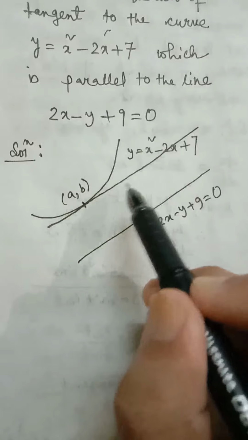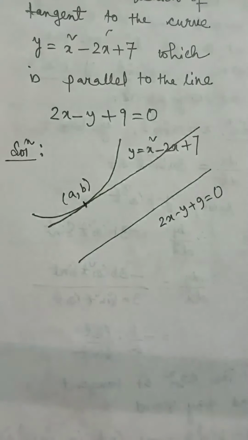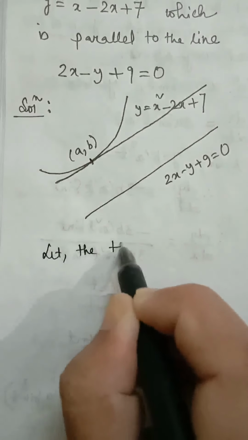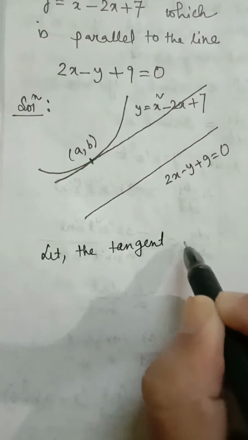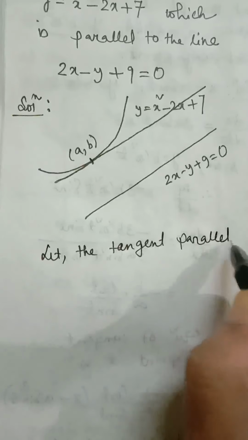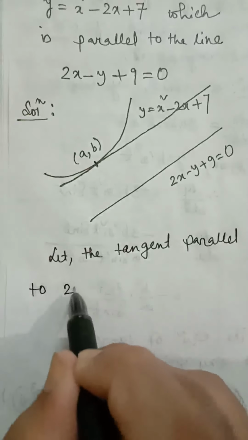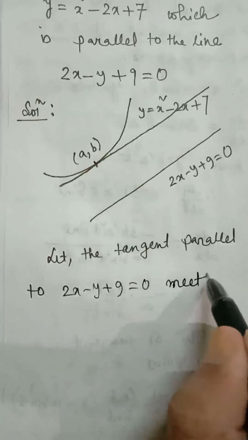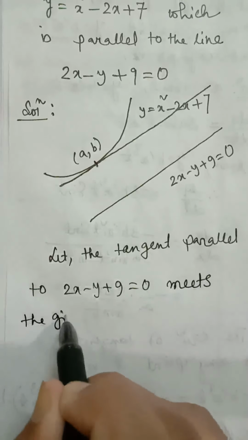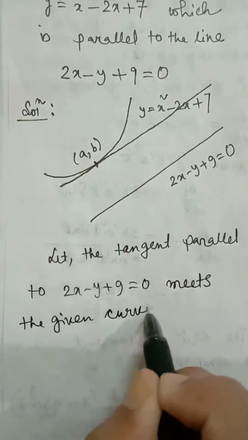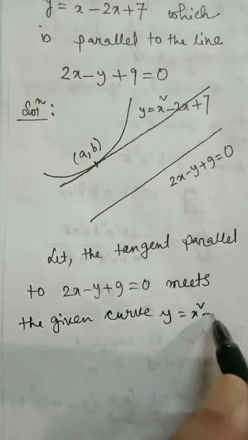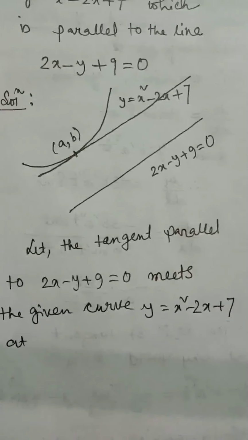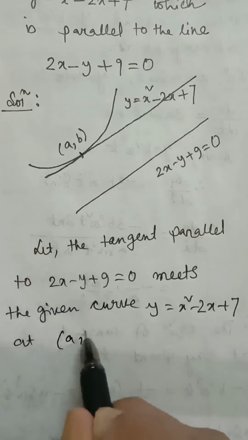For that, first of all, we have to find the coordinates of (a, b). So we'll write in this way: let the tangent parallel to 2x minus y plus 9 equal to 0 meet the given curve y equal to x square minus 2x plus 7 at the point (a, b).